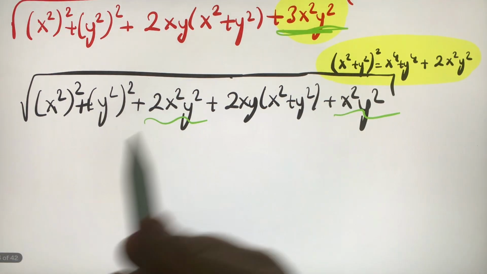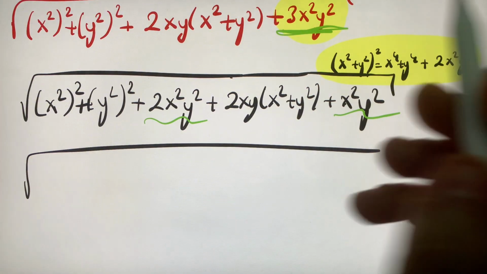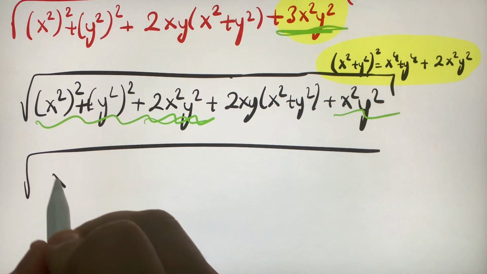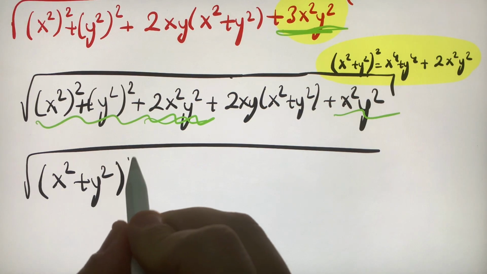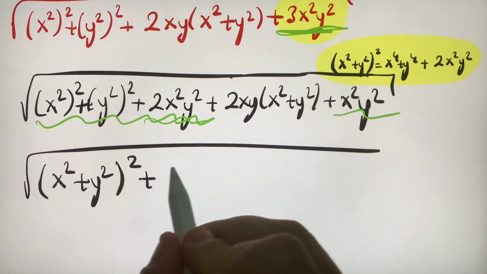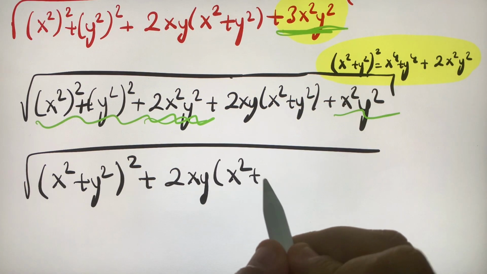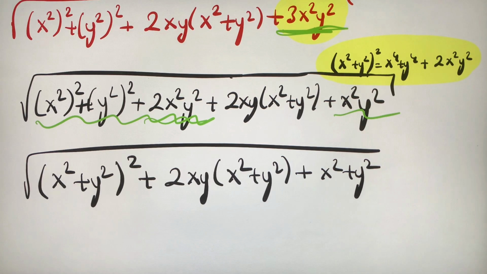Let's take it one step further. What will happen to this, you see? The whole expression is the square of the expression you see here: (x squared plus y squared) squared, plus 2xy times (x squared plus y squared), plus (xy) squared.